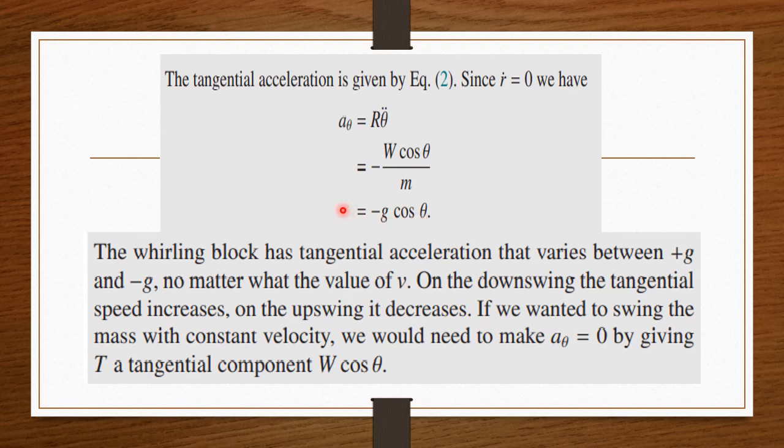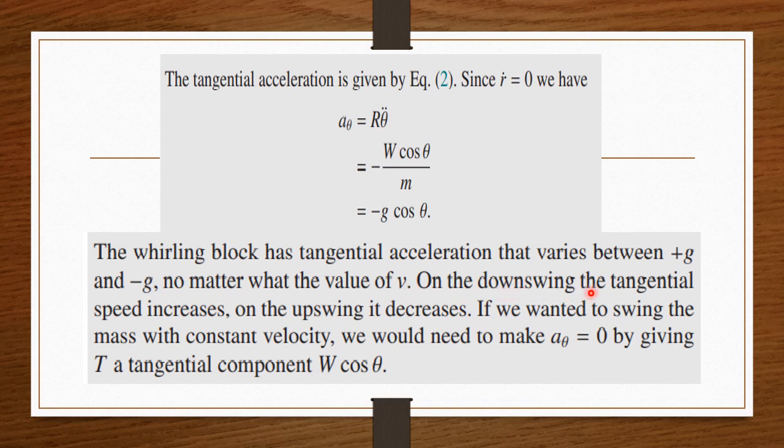So a_theta is a varying quantity along with theta. The whirling block has a tangential acceleration that varies between plus g and minus g, as cos theta goes from 0 to plus or minus 1. It varies from plus g to minus g no matter what the value of v is.